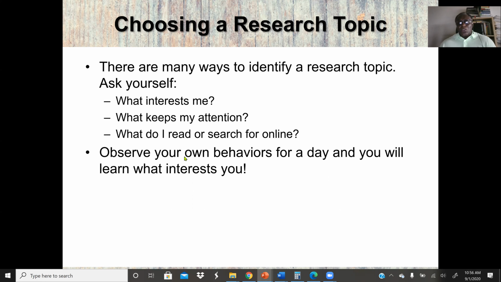What do I read or search for online? First, we have to come up with what we are interested in, what will keep our attention, etc. Now, observe your own behavior for a day, and you will learn what interests you.